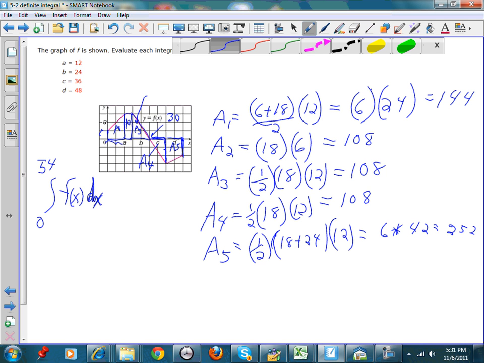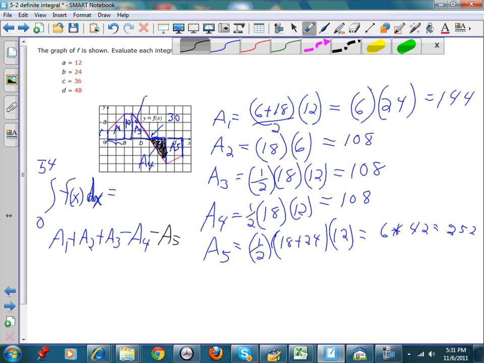Okay, so this integral now, well, what is the integral? Well, it's going to be A1 plus A2 plus A3. Now, A4 I have to subtract because it's beneath the x-axis here, right? So this is negative. I guess I should have made red negative and black positive, but that's negative, minus A5.